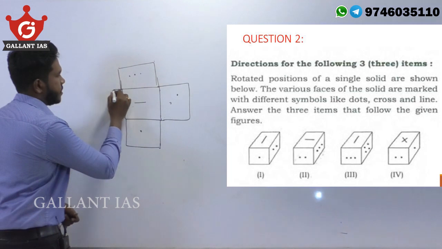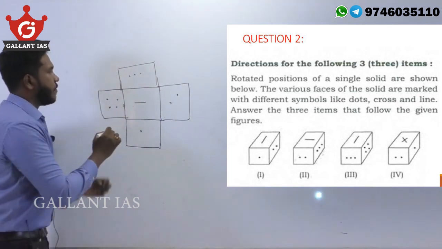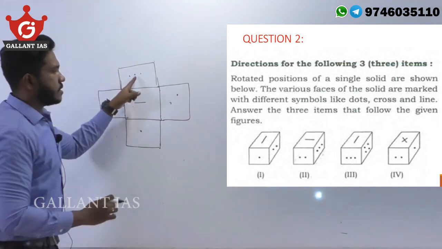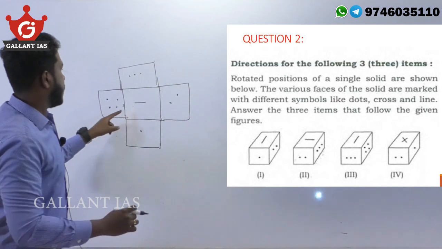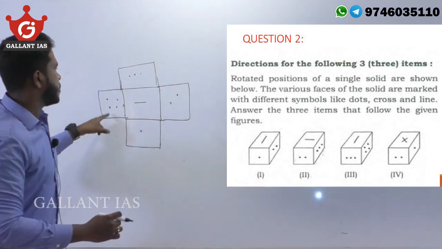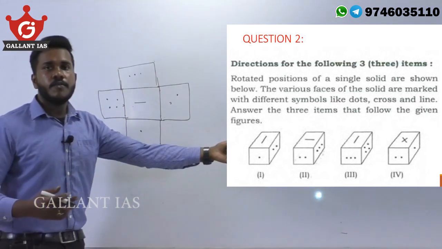I can draw here, right? If I am drawing the face containing value 4 over here, it is adjacent to line as well as to 3 dots. Yes, it will be adjacent to line as well as 3 dots. Now check the third orientation against our drawing. If it matches, then you proceed to the fourth orientation.